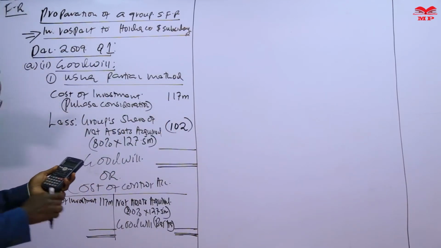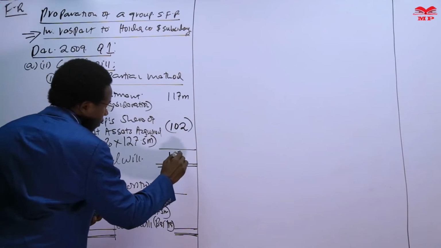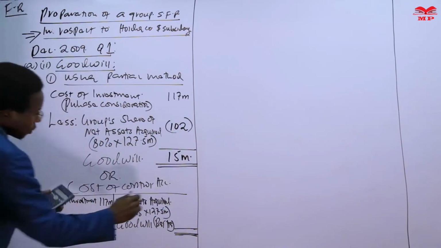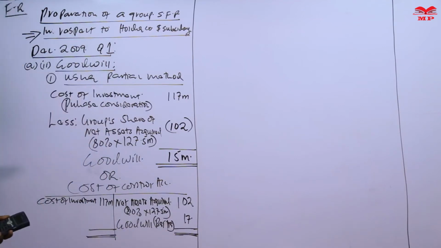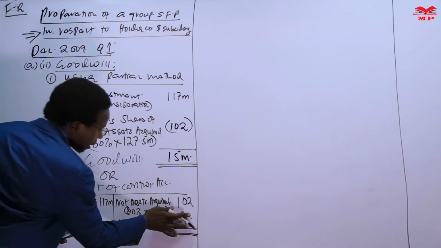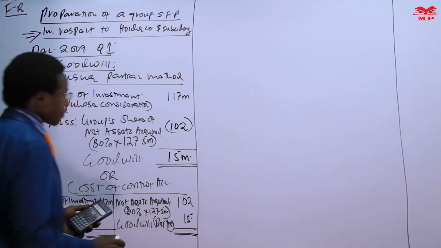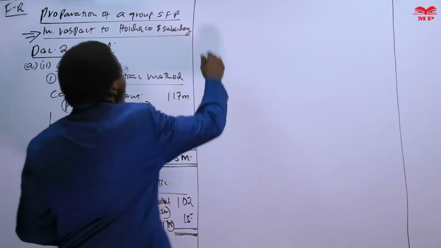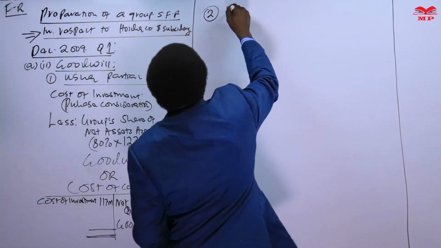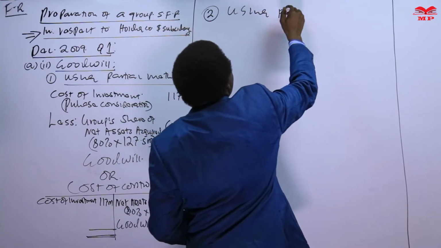Minus the 117, we have 15 million as the balancing figure. That is our goodwill attributable to the holding company, using the partial method. But two, using the full method.